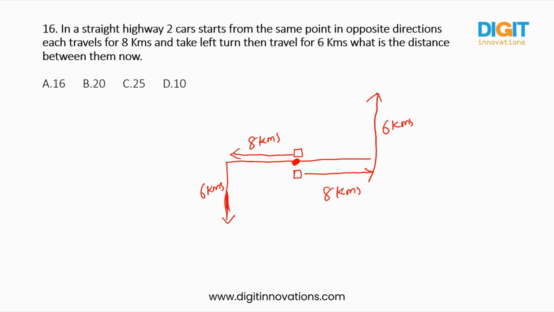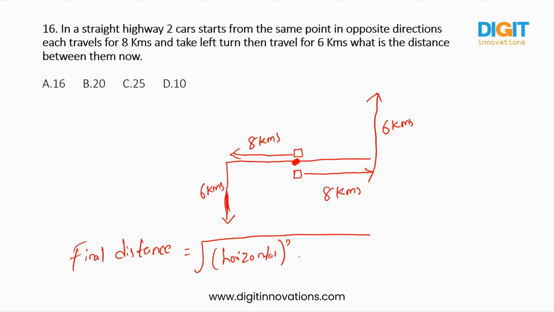If you want to find the total distance, there is a formula you're going to use: final distance equals the square root of horizontal square plus vertical square.